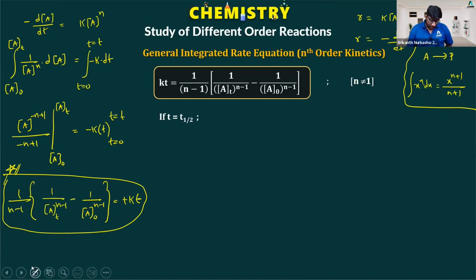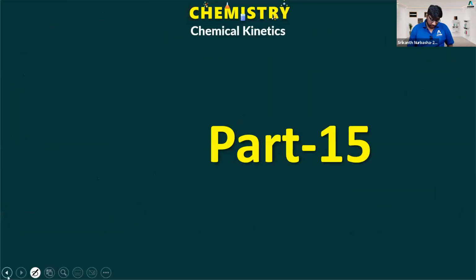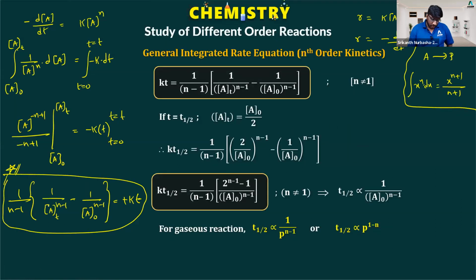If time t is equal to half, how can we calculate? At time t half, can I say concentration of A at time t is equal to initial concentration by 2? This equation we have derived just by doing simple integration. So at time t half, concentration of A at any time is equal to concentration of A at time t equal to 0 by 2.